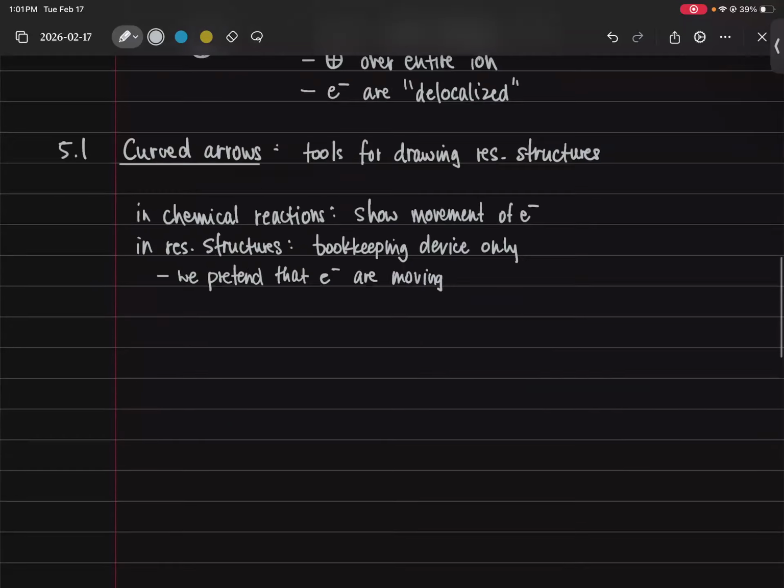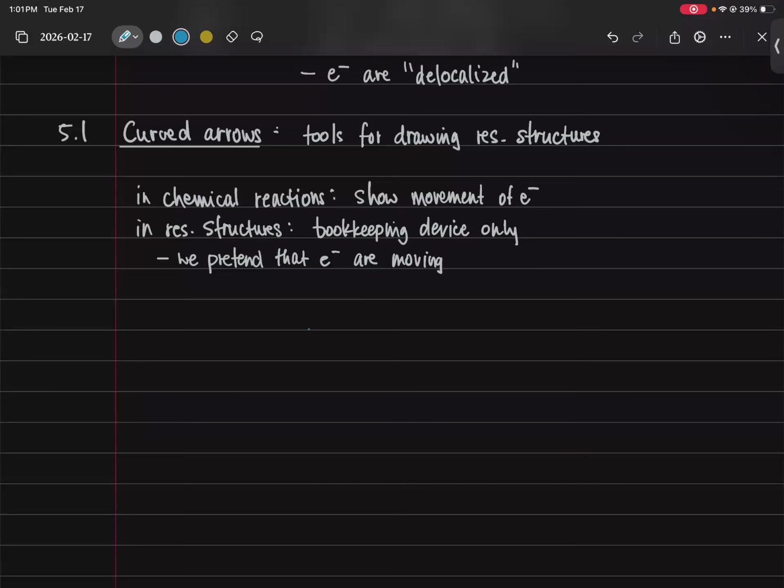Okay, so a curved arrow, unsurprisingly, is an arrow that's curved. It's got two parts to it. Has a tail and a head. All right.